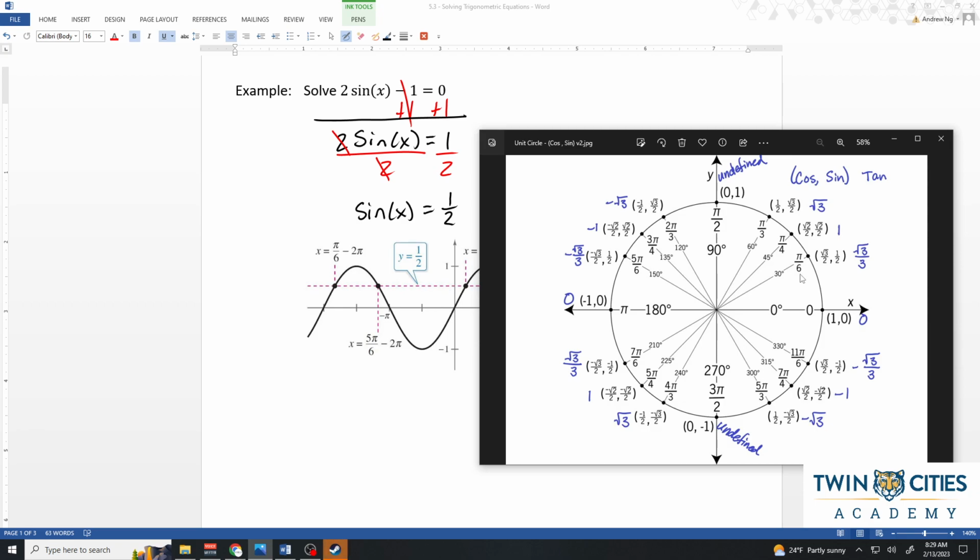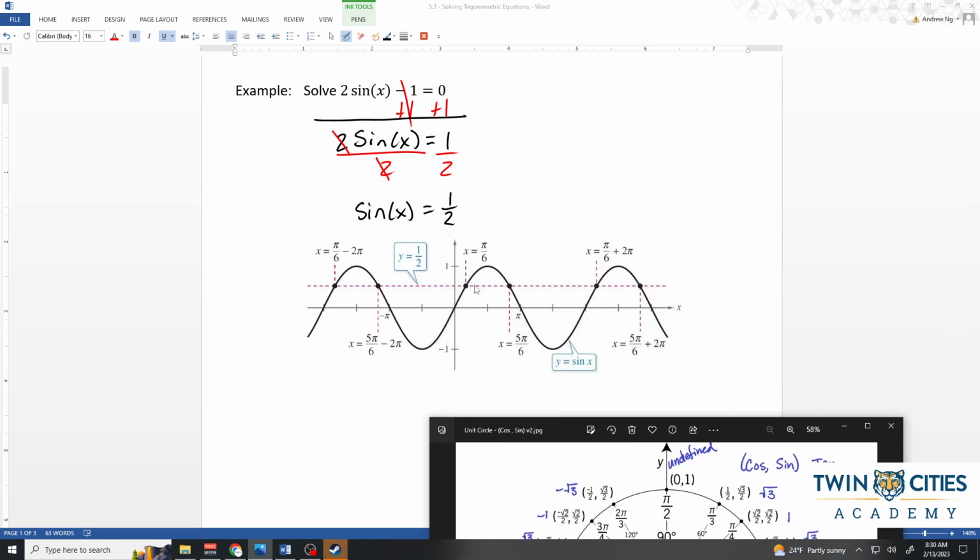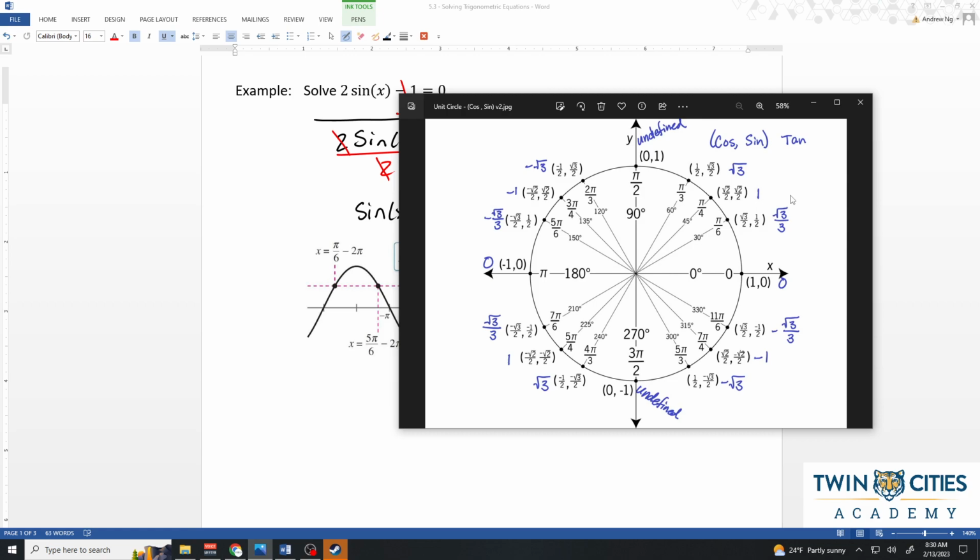That's pi over 6 right here, and 5 pi over 6, which I saw here. Now this plus 2 pi and minus 2 pi are saying that every time I go around a full circle, I come back to this spot again. And a full circle, as we have mentioned before, talking about unit circles, is 2 pi.